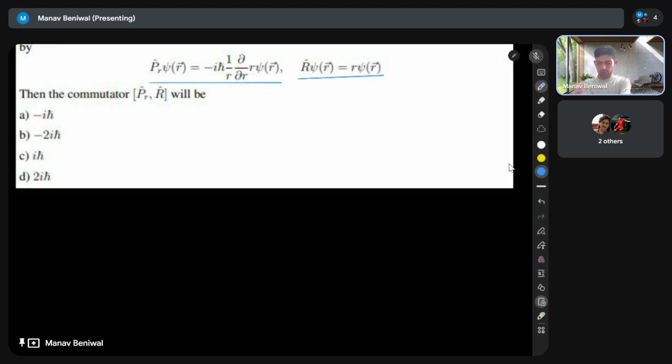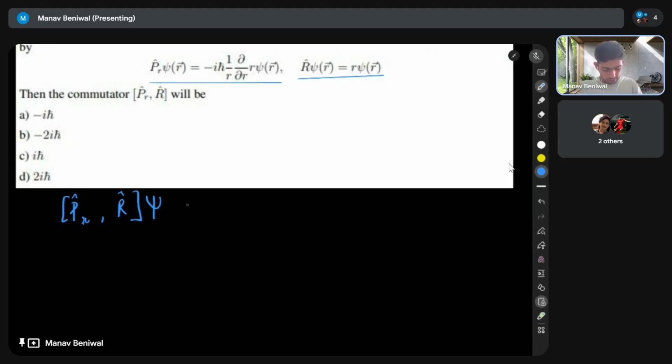So let's find out this quantity, P_r and capital R, by operating it on a wave function psi.